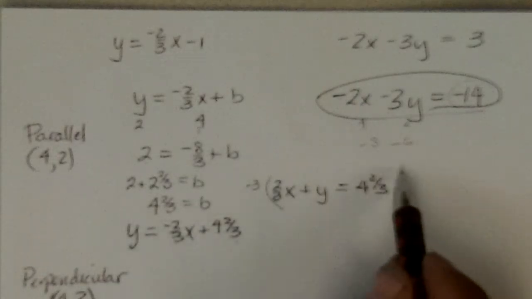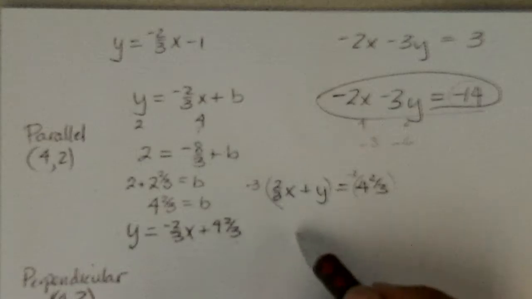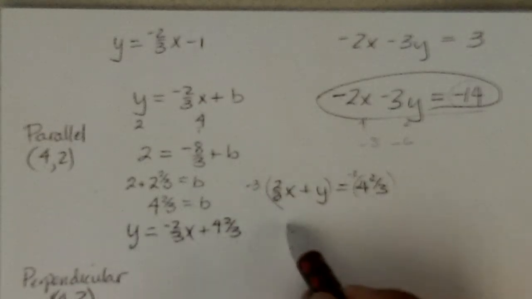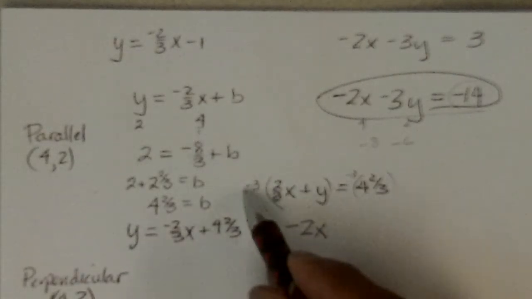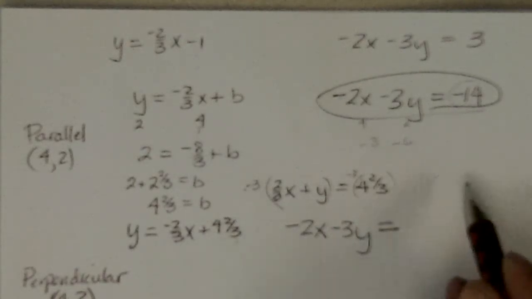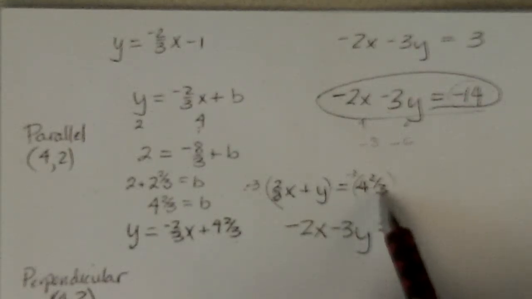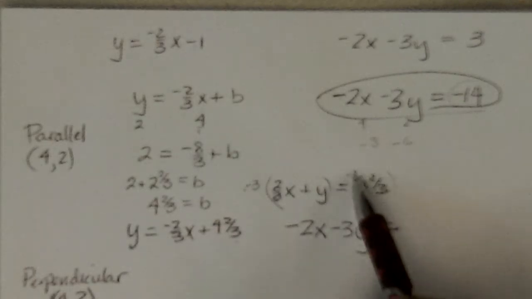So if I multiply the whole equation, this side and that side, by negative 3, I get negative 2x minus 3y equals, and 4 and 2/3 is 14/3.